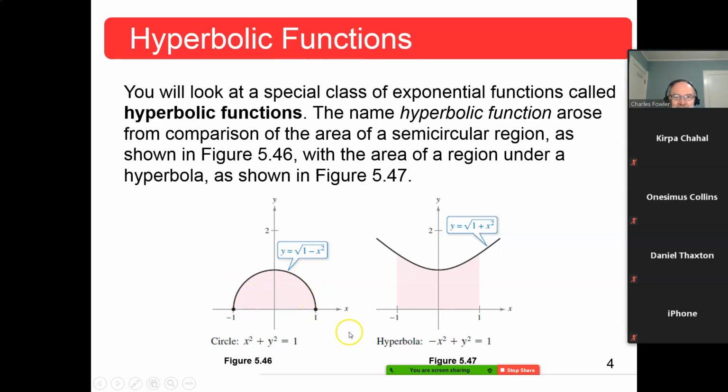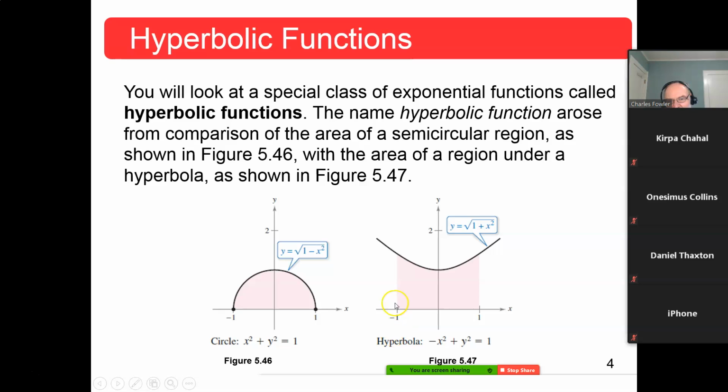Okay, the hyperbola that is expressed this way, y is equal to the square root of 1 plus x squared, happens to be a hyperbola, and you get that from minus x squared plus y squared is equal to 1. And again, we're only going to do the upper portion of that. This hyperbola, like all hyperbolas, will have a mirror image down here.